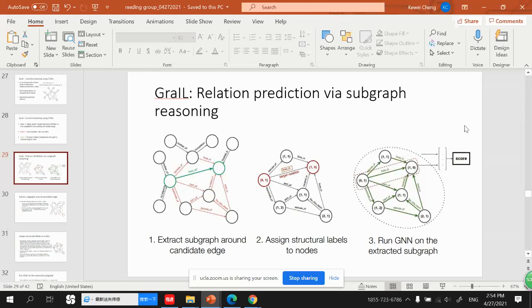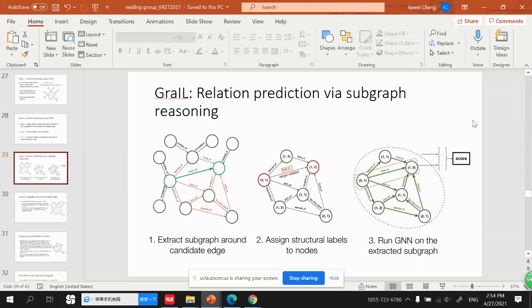I think the main reason is that when we consider a logical rule, the logical rule has directions. In a logical rule, the triple r1(x, y) will be different from the triple r1(y, x).